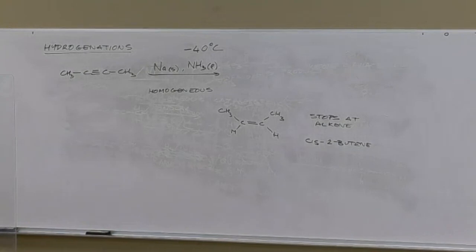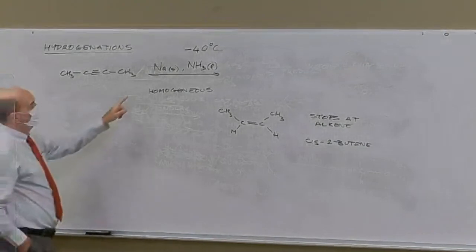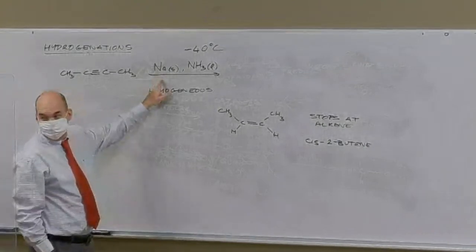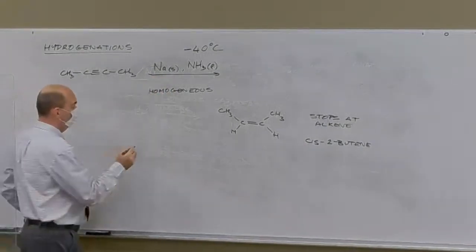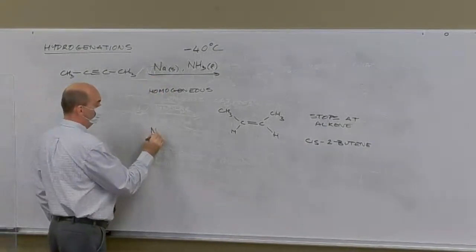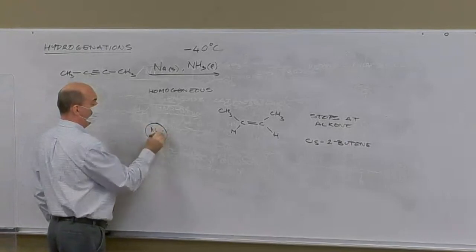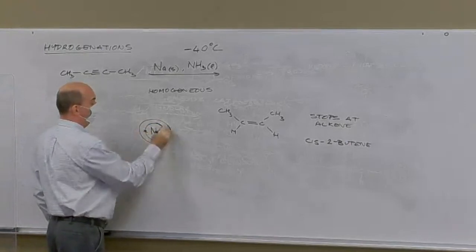And one of the things that it does when it dissolves metals from group 1, you'll remember the group 1 metals have electrons around them.